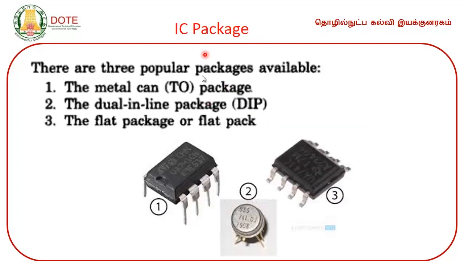IC 741 is available in the market in these 3 packages: dual in line package, metal can package, flat package, right. We have already talked about the dual in line package. What is this metal can package and flat package? Let us see.